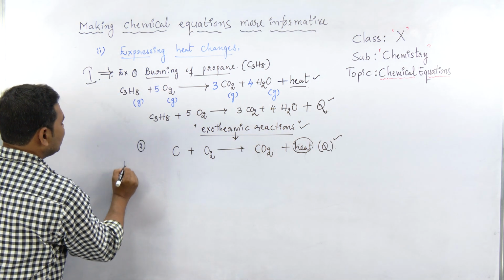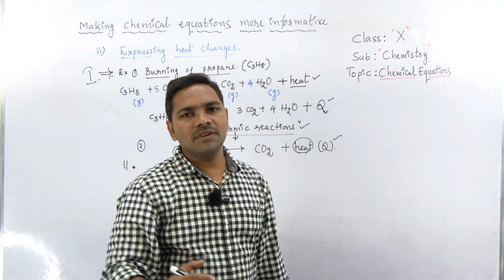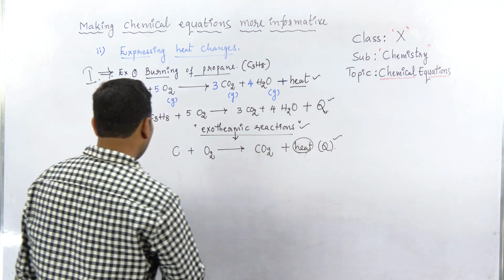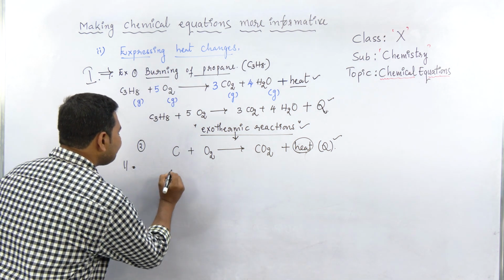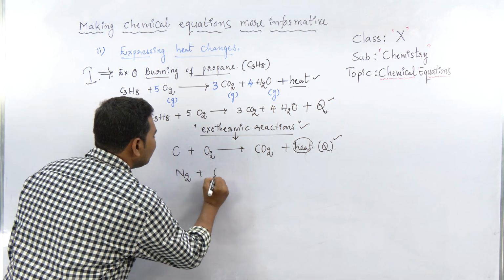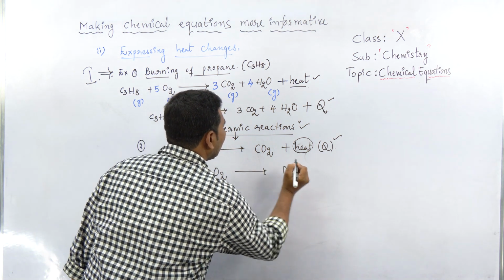Now let us see the second type. Heat changes: sometimes heat is not always given out, heat is also taken, it is absorbed by the substances. For example, let me take nitrogen gas reacting with oxygen gas, producing nitric oxide.